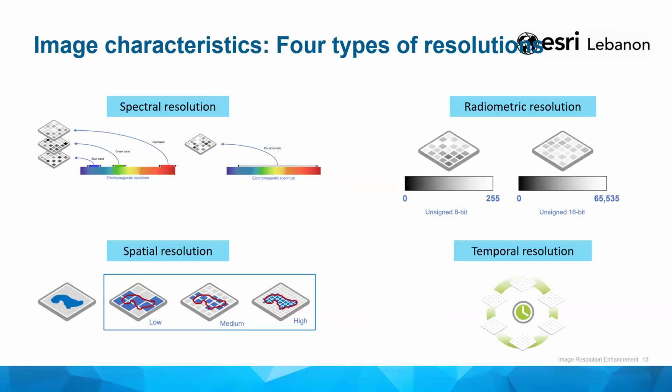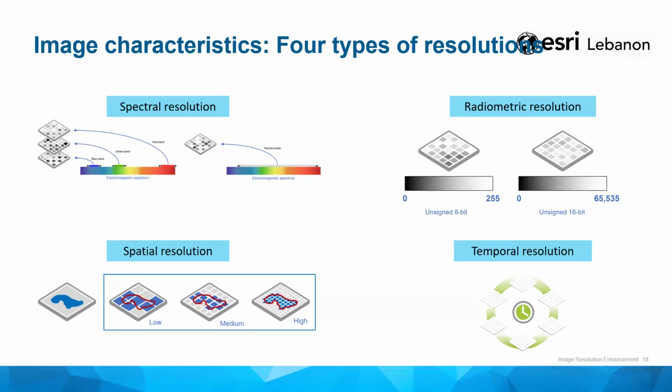Okay, before we begin, I will be talking about different types of resolution. When we say resolution, it's not just one thing. Most people think about spatial resolution, like how many pixels are in the image, or how much area a pixel in the image covers. So we have 4 different types of resolution.